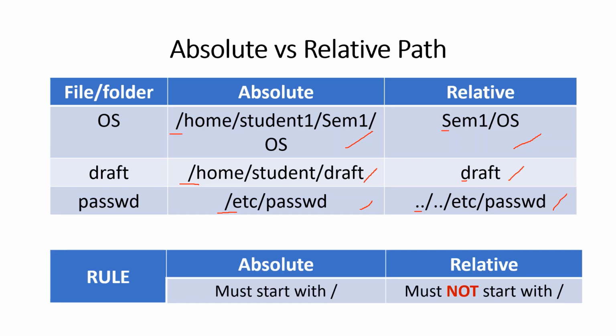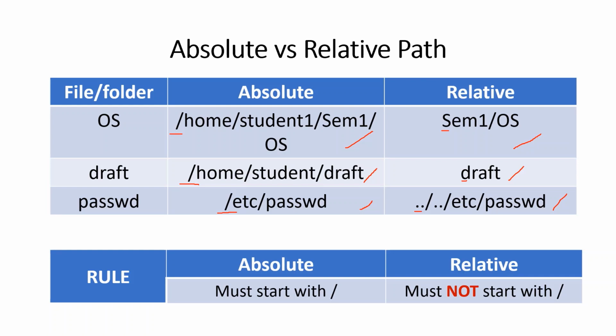So this is the rule: absolute must start with root, relative must not start with root. If you are not following this rule, then you have a wrong understanding basically. That's the end of the discussion about absolute and relative path.